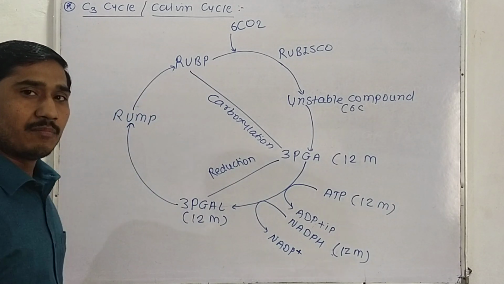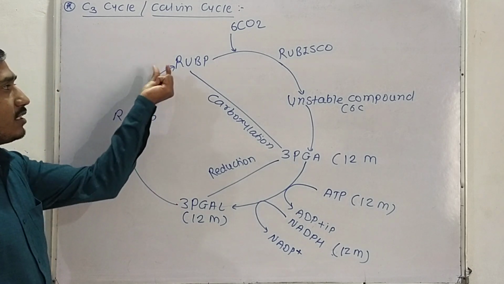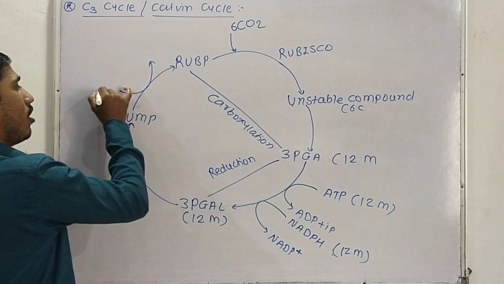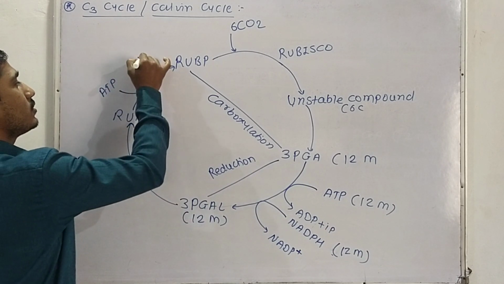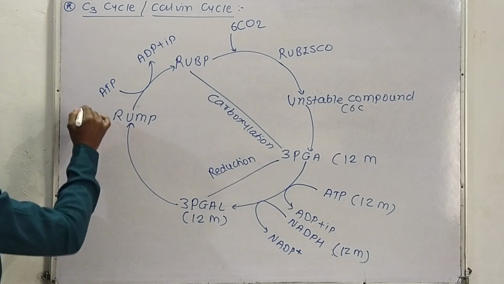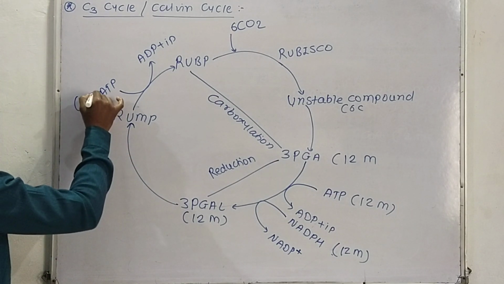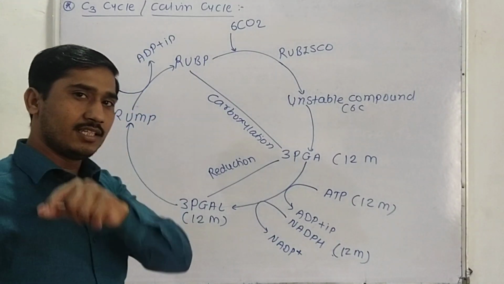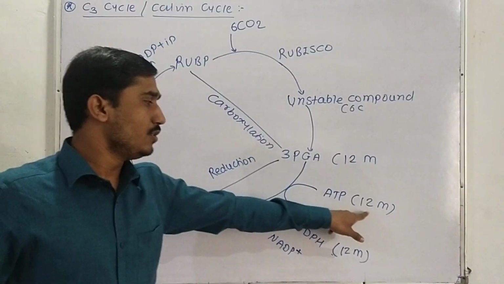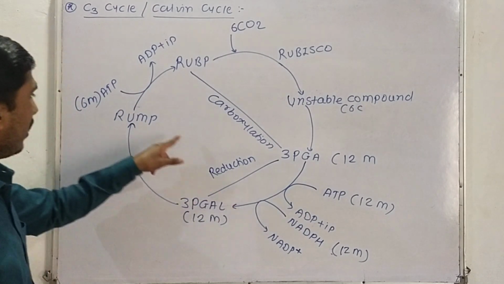Here one point is very important. For the regeneration of RuBP, there is a utilization of 6 molecules of ATP. Let's see. During the reduction step, plants use 12 ATPs.